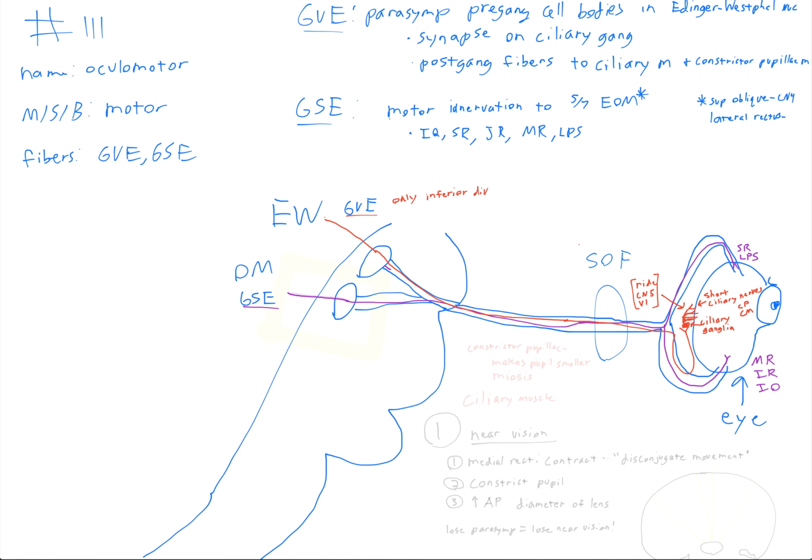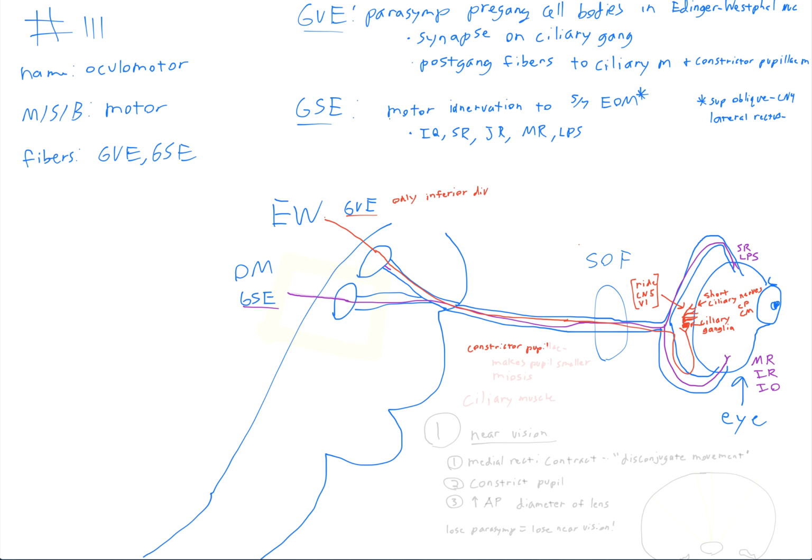Constrictor pupillae, it does exactly what it sounds like it does. You might also see it called the sphincter pupillae. Its job is to constrict the pupil. It makes the pupil smaller.